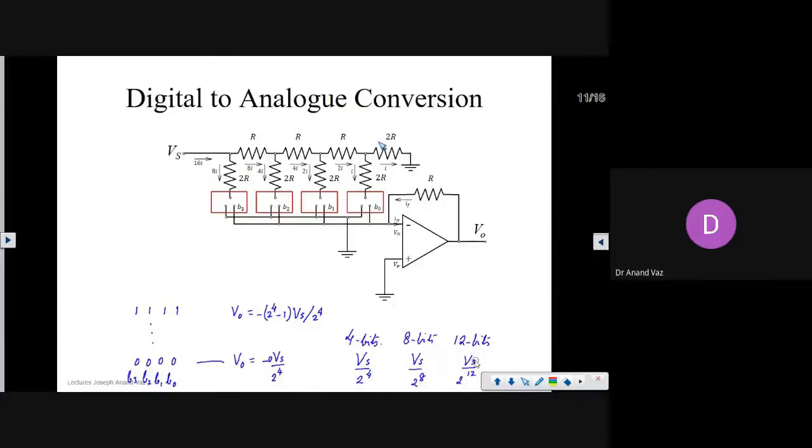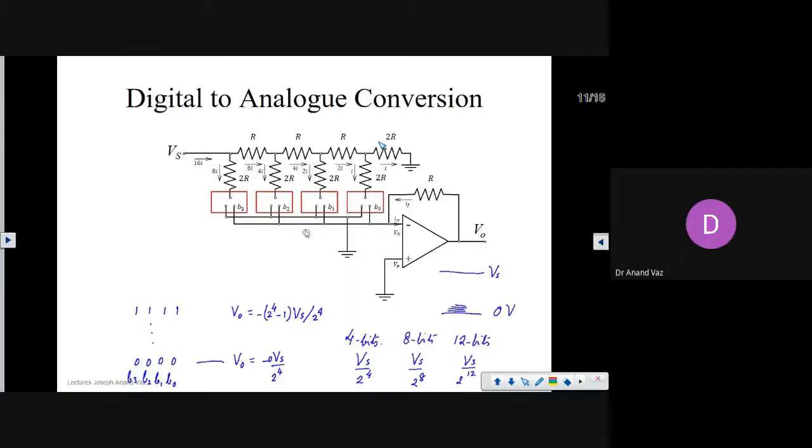So suppose you have just Vs as equal to 1 volt and you want to generate a very small signal of millivolts. Okay, and you have 4096 here in the denominator. So 1 volt divided by 4096 is less than a millivolt. Okay, so you can go in steps. So this range from 0 volts to Vs volts, you can have finer and finer steps possible.